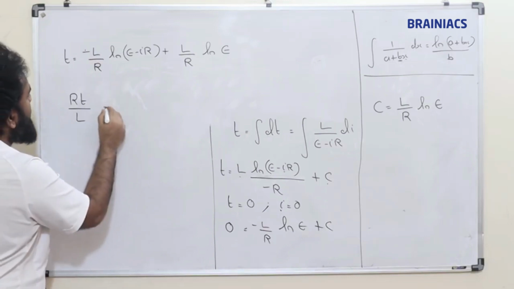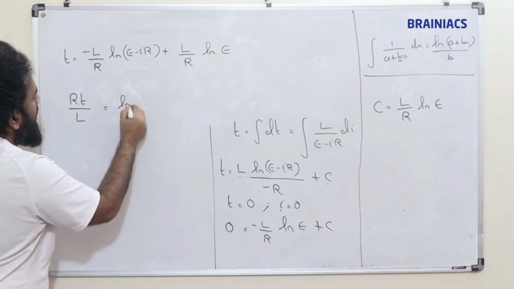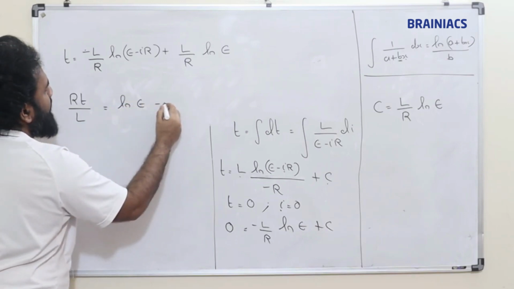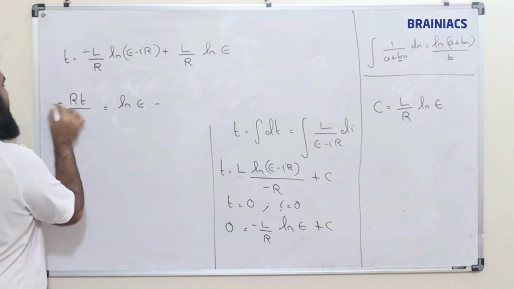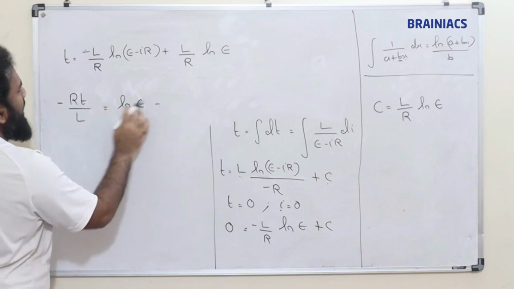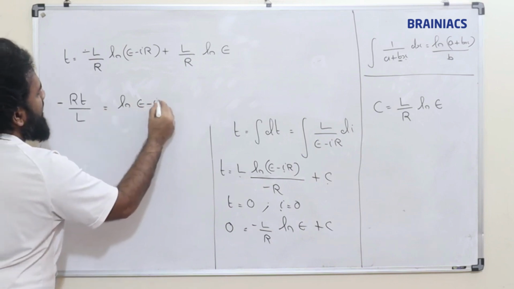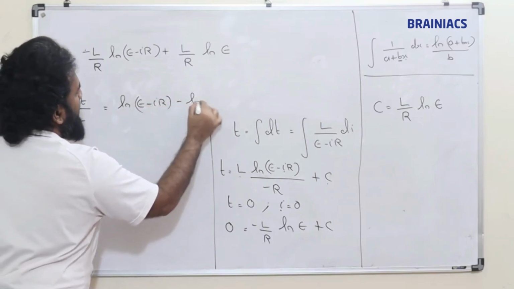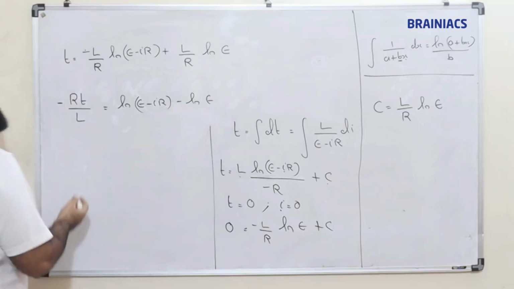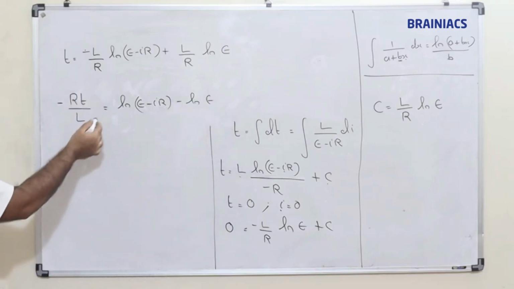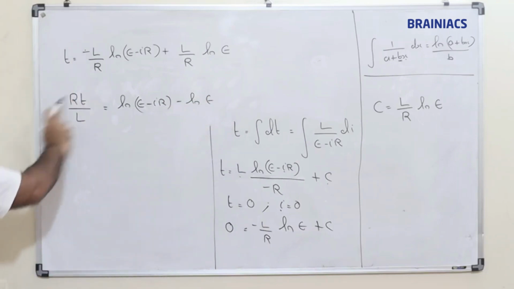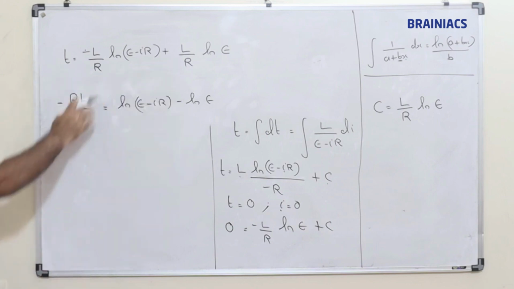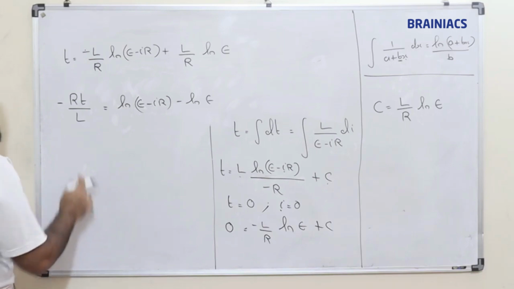So this will become natural logarithm of (E minus IR) minus natural logarithm of E. When we put the negative to this side, this is now negative and this will become positive. Clear?